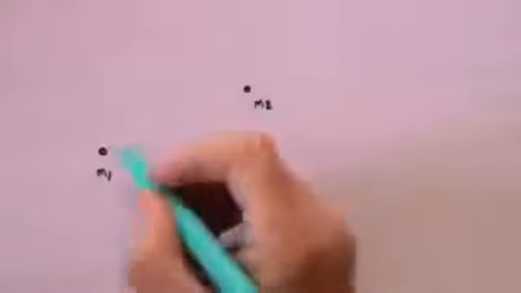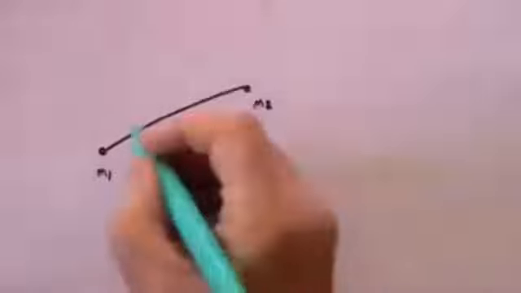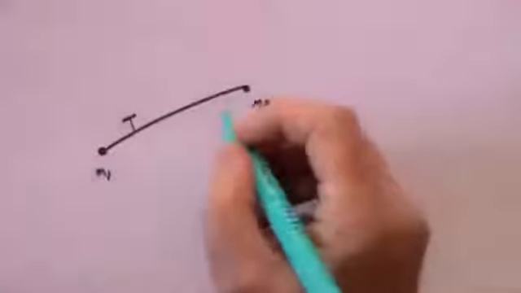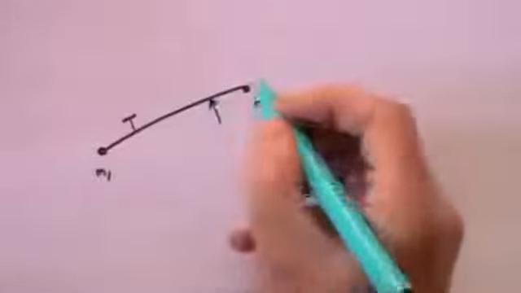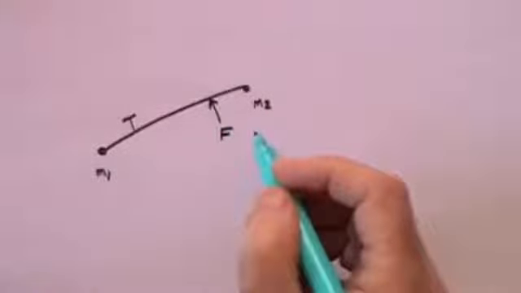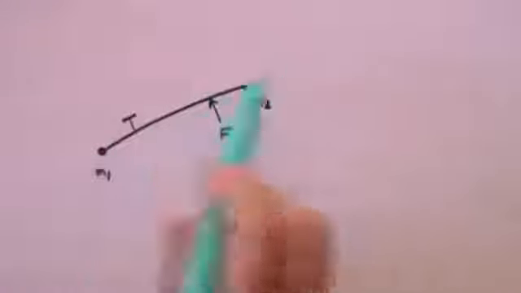Suppose two masses, m1 and m2, are connected by a metal rod and are pivoted at this point here. In other words, we put a pin through the rod and the whole thing can swivel around this point here. And suppose I apply a force perpendicular to the rod at this point here. There's my force. What will happen is this rod with the masses at the end will swivel about that point.